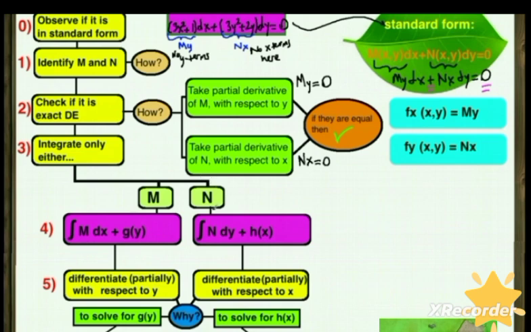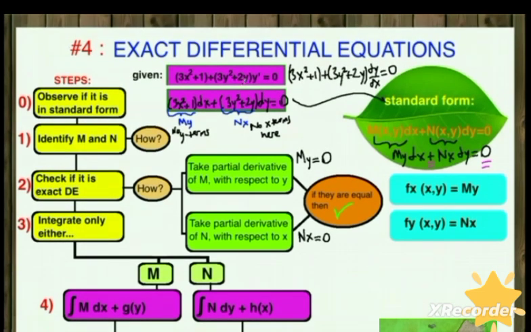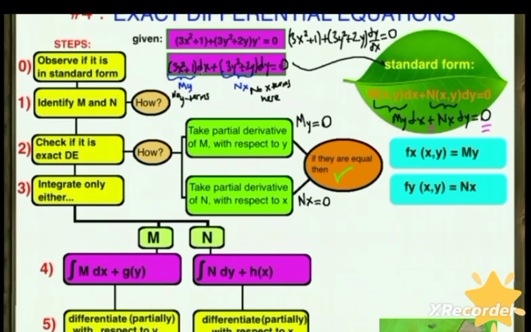If you prefer to go this path, you're going to integrate N with respect to y, and you're going to add h of x, some function instead of constant c. Here the recommendation is to observe the original function and pick whichever part is integrable faster and easier. Here they are equally easy, so let's pick the M part, 3x squared plus 1.